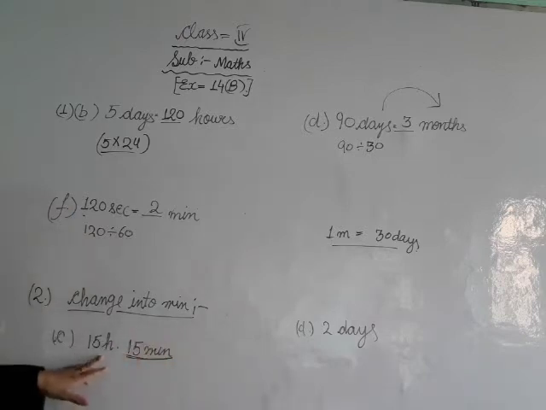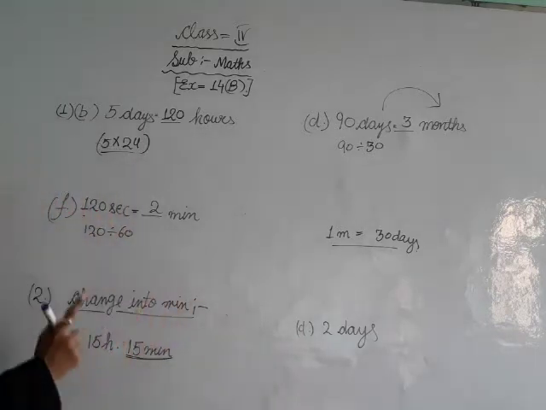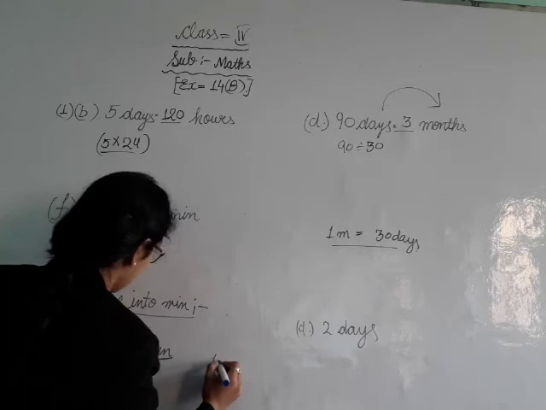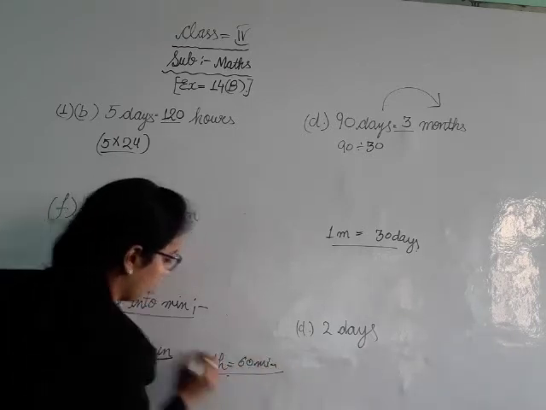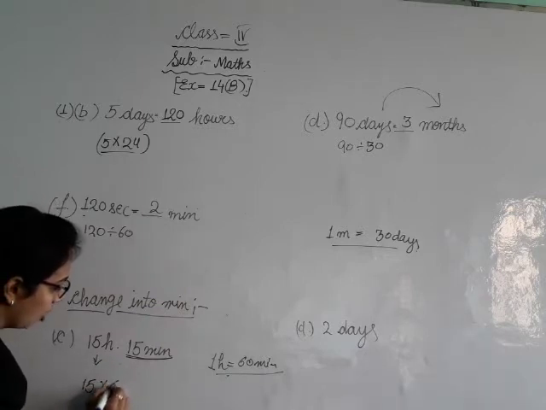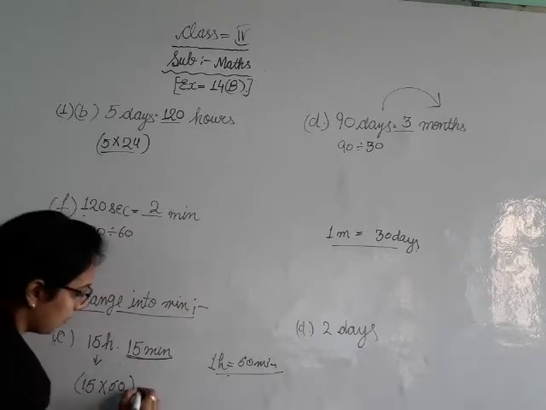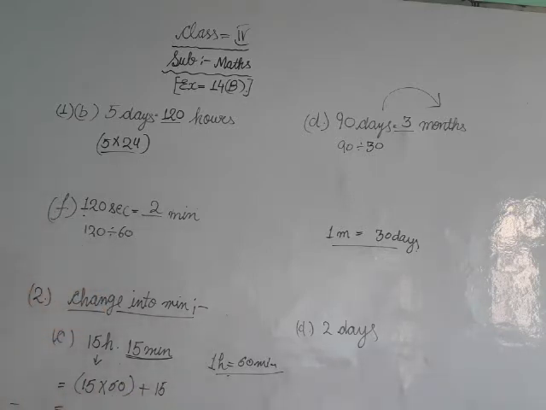See this one, 15 hours. 1 hour is equal to 60 minutes. We are very familiar with this thing. So to change this one, 15 multiplied by 60, and then plus, simply we will add 15. Understood, dear students?